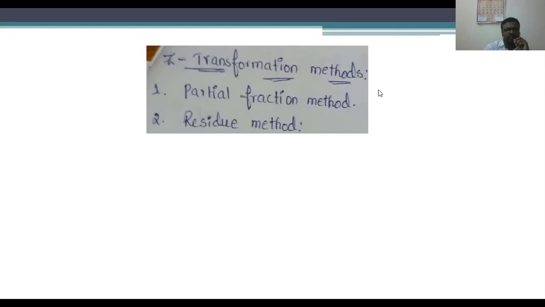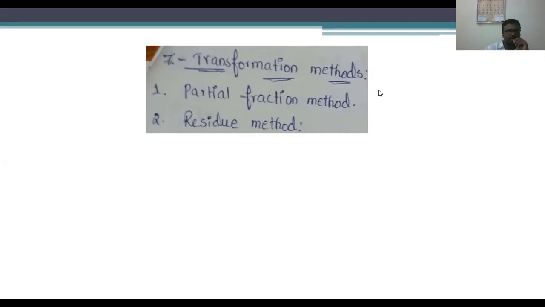Apart from this, we have two different Z transformation methods for solving the second set of equations. Those methods are the partial fraction method and the residue method. For applying the Z transform to different sets of equations, we have two methods: one is the partial fraction method and the second one is the residue method.